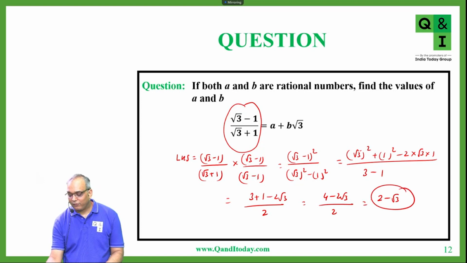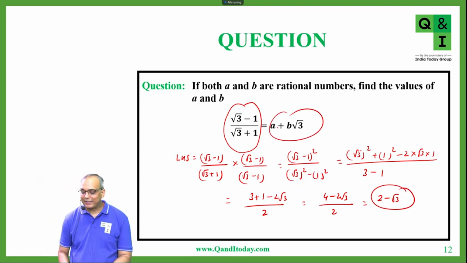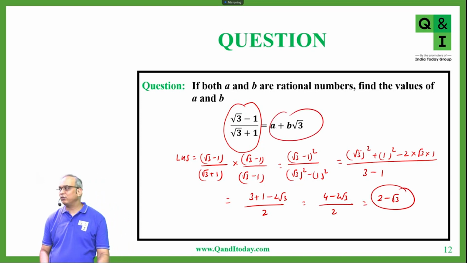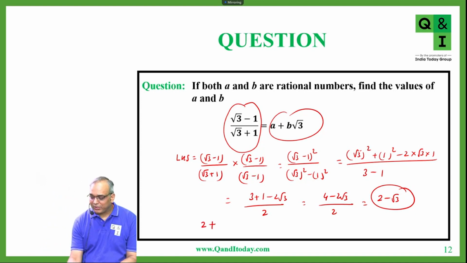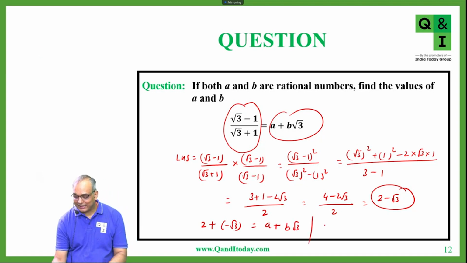Now we need to compare these two together to find the values of A and B. You can write 2 minus root 3 as 2 plus minus 1 into root 3, which is equal to A plus B root 3.